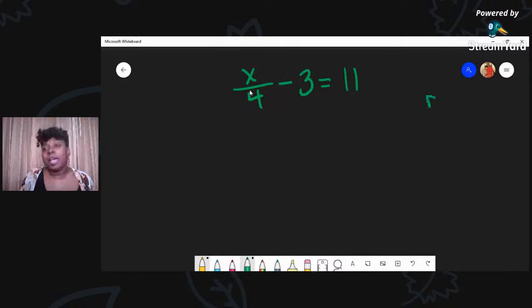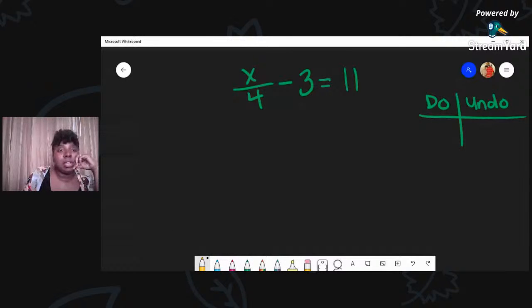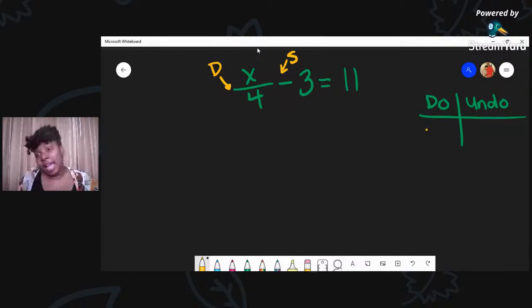Again, your do and undo chart. What are we doing to the x? In order of operations, I see division, I see subtraction. So what did we do first to the x? In order of operations, PEMDAS, we divided first. We divided x by 4 first, and then we subtracted 3.